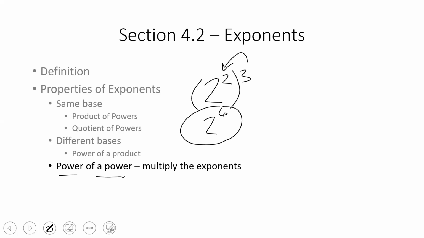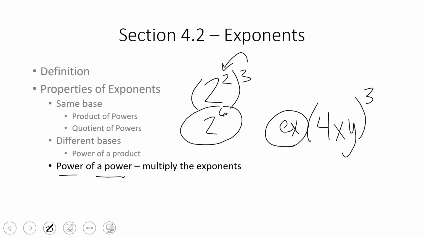We can also kind of combine what we saw before with this one as well. So properties can overlap in one problem. Let's say that I was looking at an example like 4 times x times y, all to the third. So I'm going to take 4 to the third, x to the third, and y to the third. So it looks very similar to what we were doing before, power of a product.